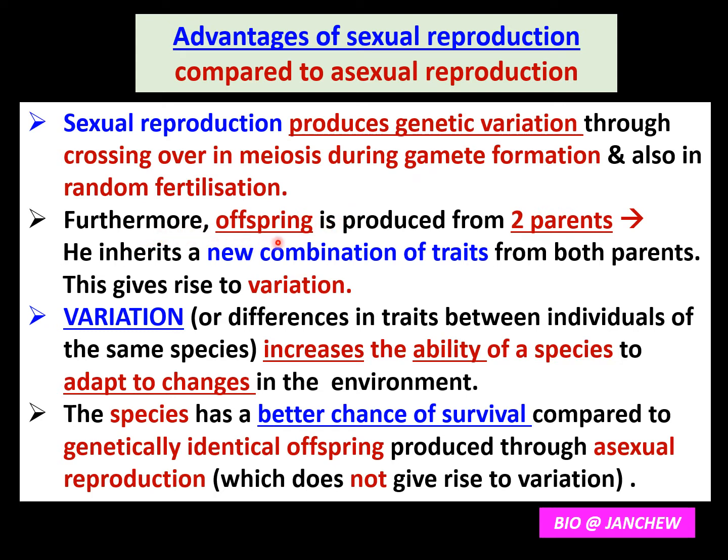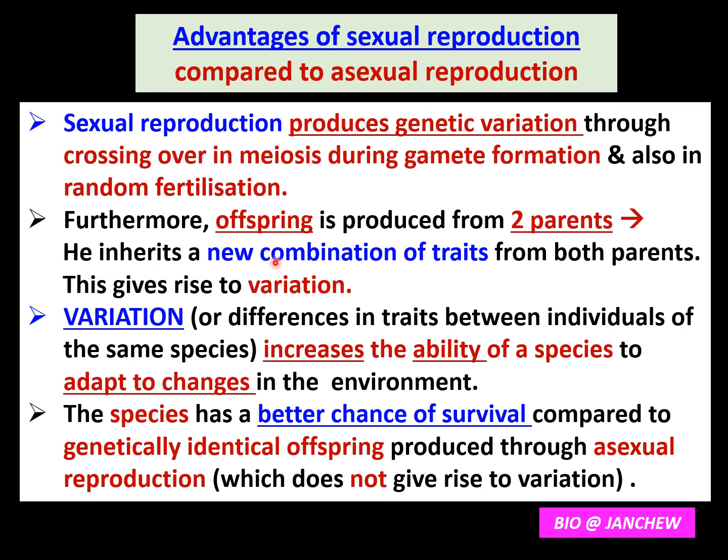So furthermore, the offspring is produced from 2 parents, because each parent will contribute 1 gamete to be involved in fertilization, and the gametes contain the genetic material of each parent.